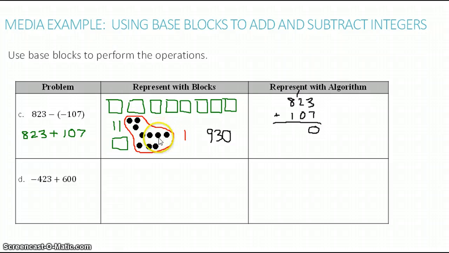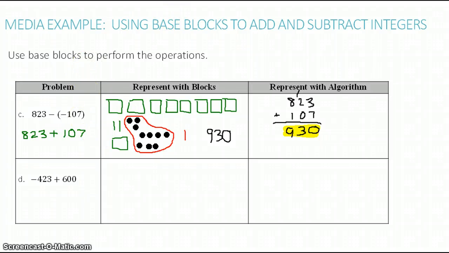So we basically just carried our rod into the tens place. 1 plus 2 plus 0 is 3, and 8 plus 1 is 9. So we get the same result, 930. And I'll just highlight that and remember again that the answer is positive.